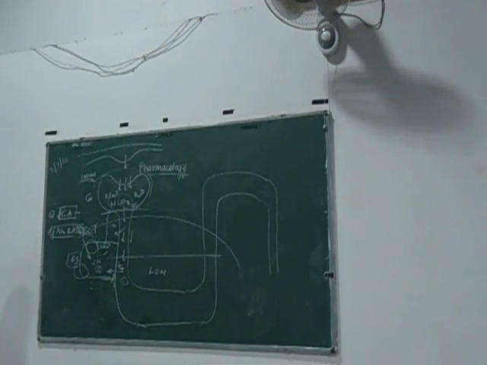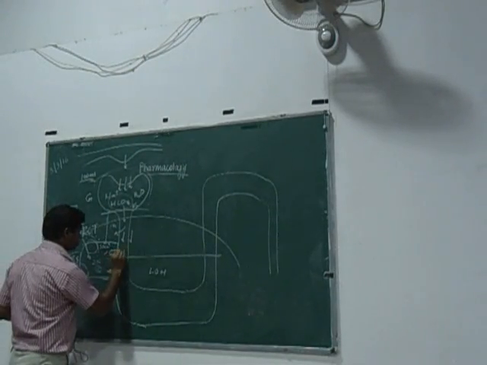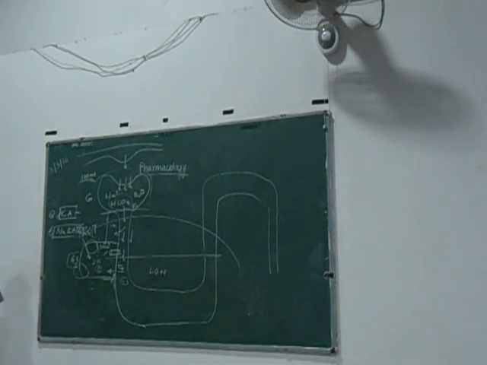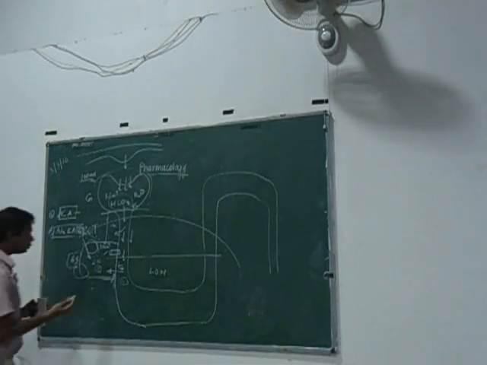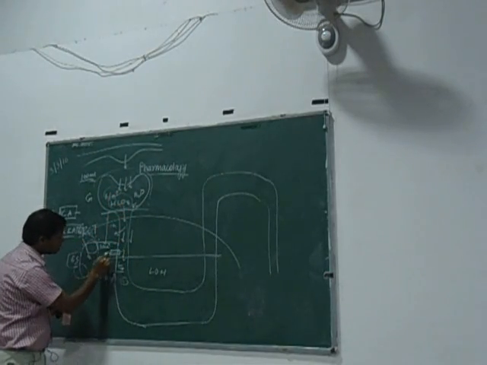Is it clear? What we said was, due to the presence of the sodium potassium ATPase system, the cells are always kept sodium deficient and the cell is ready to accept sodium. In order to accept this sodium which is coming here, we have a channel.